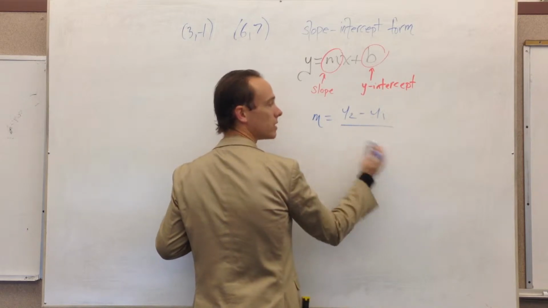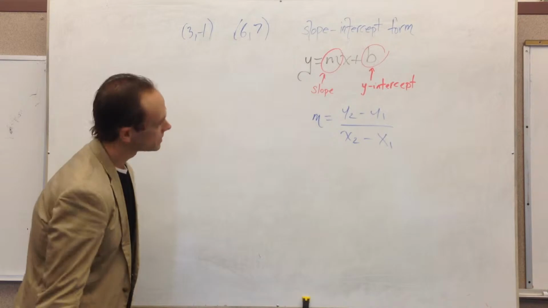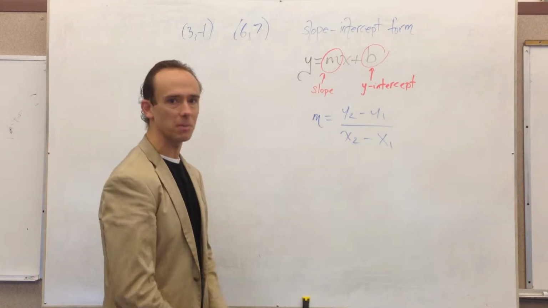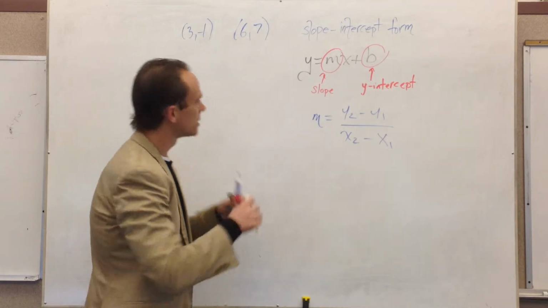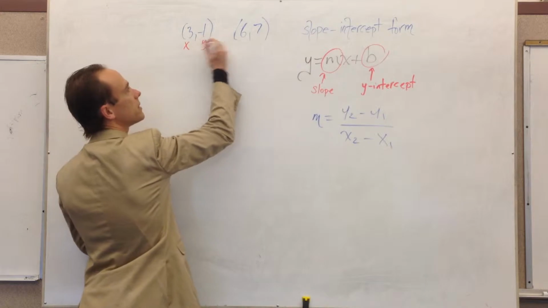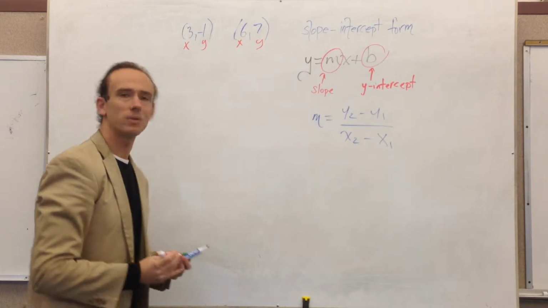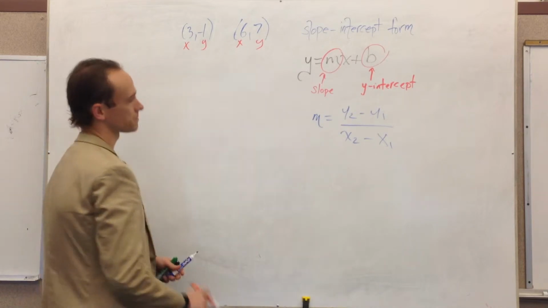y2 minus y1 over x2 minus x1. It's called the slope formula. And you're seeing these x's, this little sub 1, this little sub 2, and you might be thinking, I don't see that up there nowhere. Look, we know x, y, right? That's a coordinate point. All coordinate points are always x, y. It's a notation we settled on a long time ago.